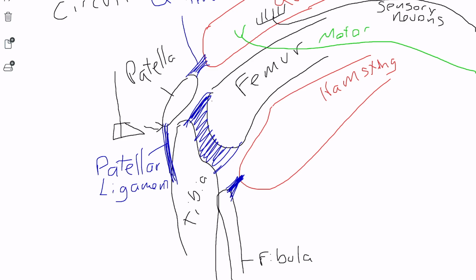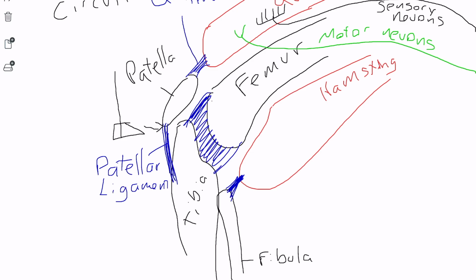In order for a muscle to contract, it must receive signals from the motor neurons. They start the cascade of events that result in muscle contraction. And we have the same thing happening in the hamstring down here as well.